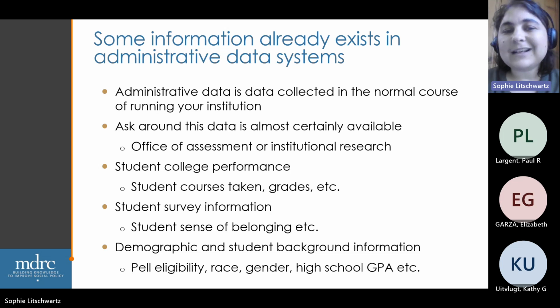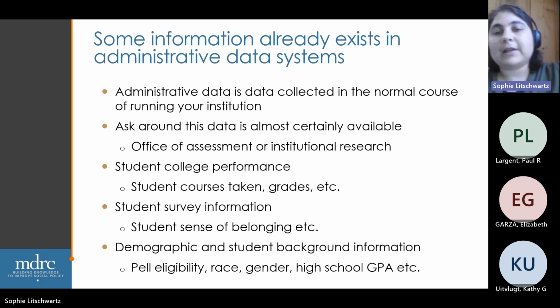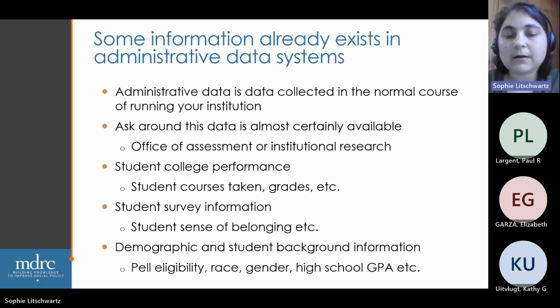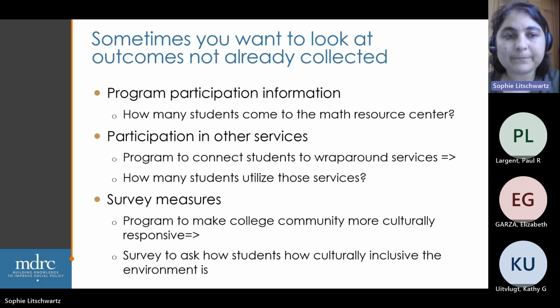This data usually contains things like student college performance, so that's students' courses taken, grades, that sort of thing. It might also contain student survey information, depending on what's being collected at your university. You might also have demographic and student background information, things like Pell eligibility, race, gender, high school GPA, that sort of thing.